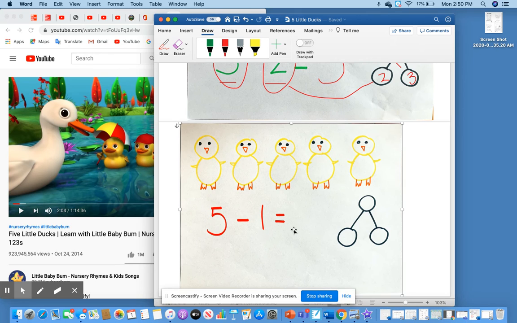So you're going to write your answer to 5 minus 1, and then I want you to put your numbers in your number bond. Don't forget, the top is the total. That's how many ducks we started with, how many we take away, and then how many are left. Don't forget to take a picture of it and send it to me when you're done. You can do it right here on the computer, just like Mrs. Huber is doing, or you can print it, or you can draw it on a whiteboard, whatever is easiest for you.